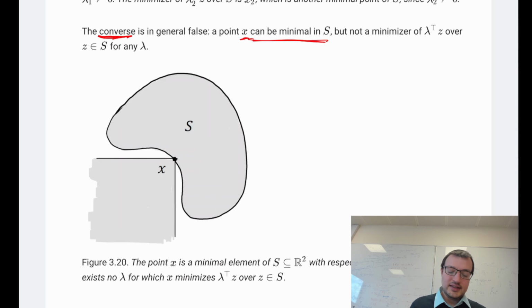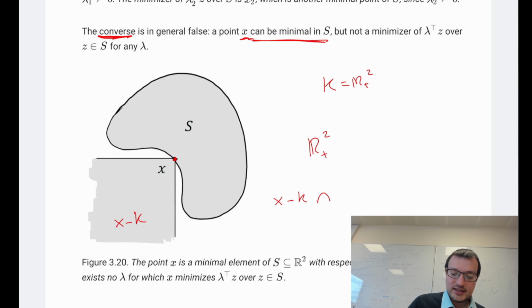If we have this set, we see that this point is minimal with respect to R plus squared, okay? And this is using the definition that we saw before. We have K, which is R plus squared, and this is the set x minus K. If we remember the definition of minimal point, a point is minimal if x minus K intersected with S gives you just the element x.